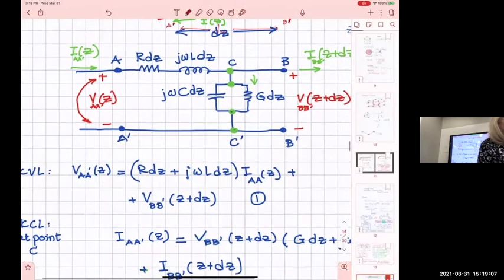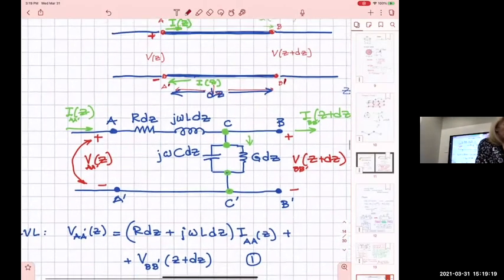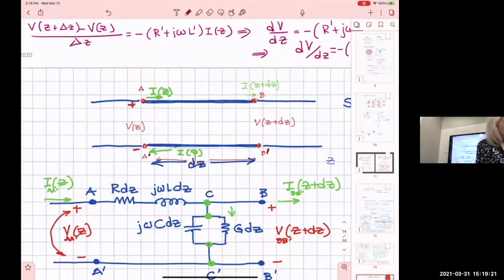is at Z plus dz, all right, because AA prime and BB prime are separated in space. So along this line here, V of Z at AA prime and V at BB prime are voltages, but one of them is a distance dz away from the other one.